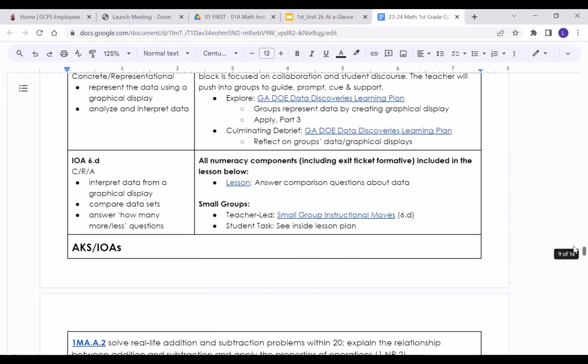The third day provides explicit instruction on comparing sets of data and answering comparison questions as they interpret the data. To see the statistical reasoning process in action, refer to the Analyzing the Standards.